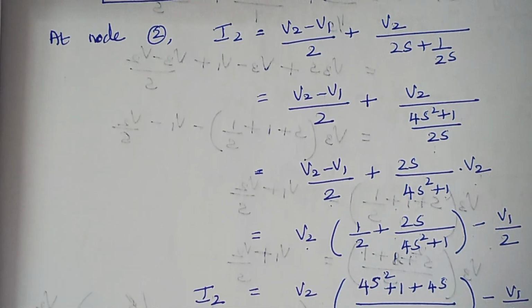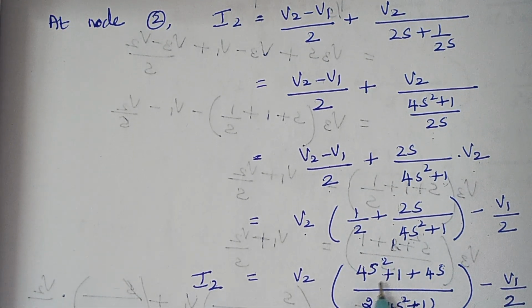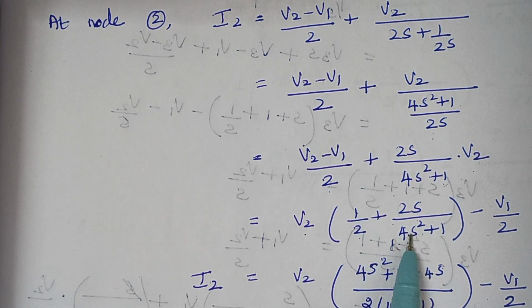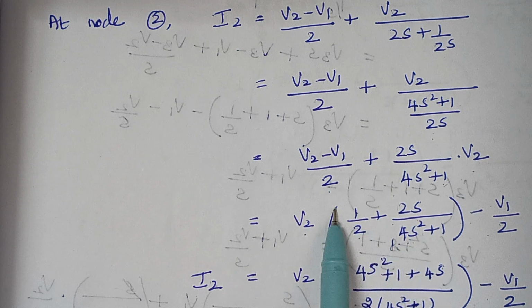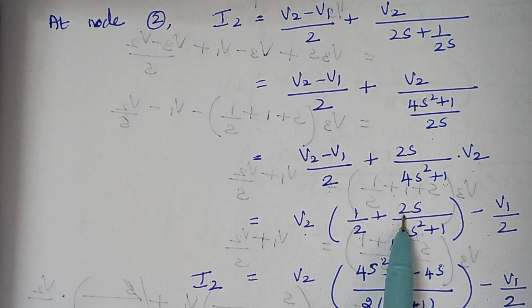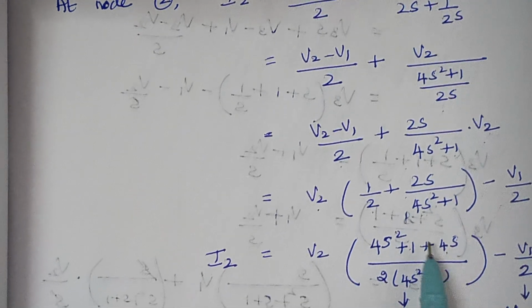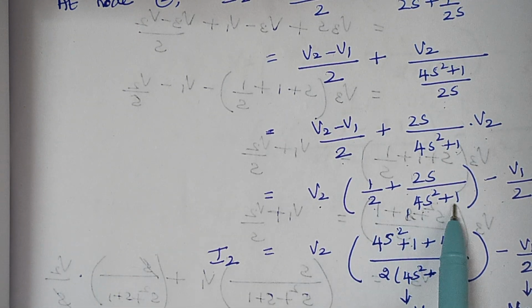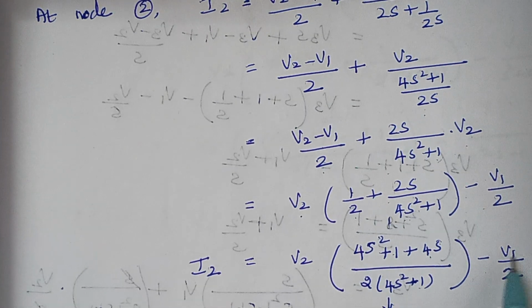So once you take the LCM here, this is your expression. 4s square plus 1, that is just cross multiplying: 1 into 4s square plus 1, plus 2 into 2s, 4s, the whole divided by 2 into 4s square plus 1, minus V1/2.